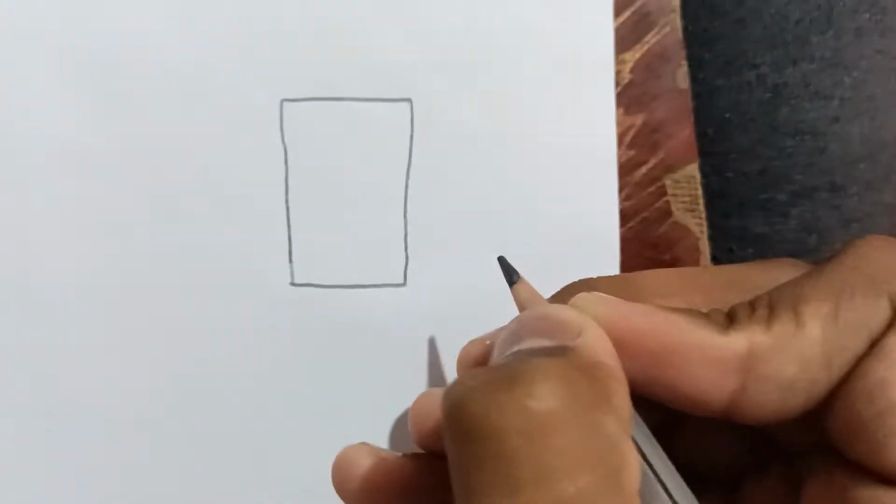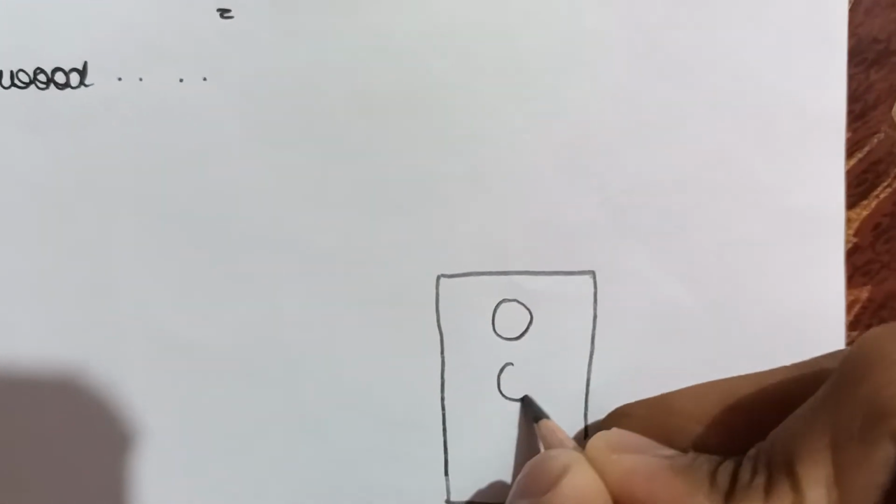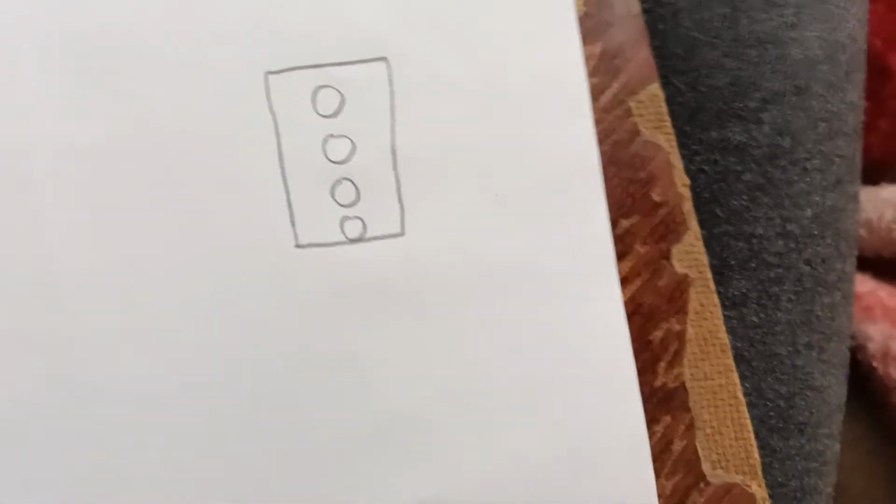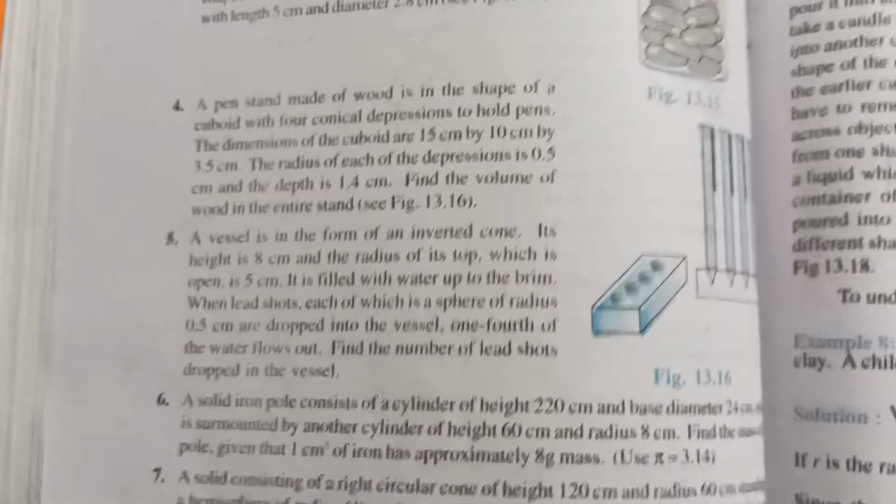This is just a rough figure. It's given that there are four conical depressions, so let's draw some cones. The top of a cone is a circle. This is a top view of the pen stand. So now let's write the info.